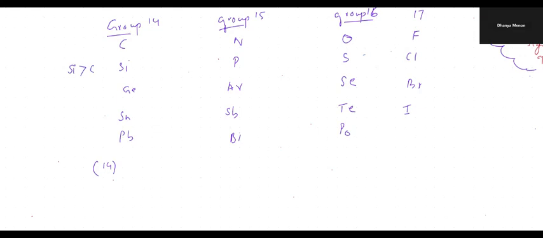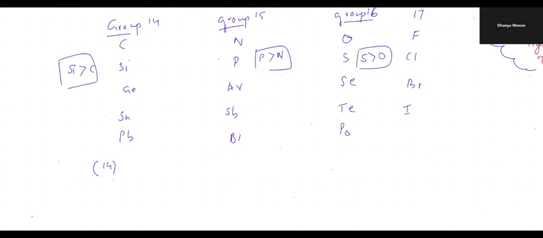In group 15, phosphorus has a higher electron affinity than nitrogen. Then similarly, group 16, sulfur has a higher electron affinity than oxygen. So group 14, 15, and 16 follow the same trend.